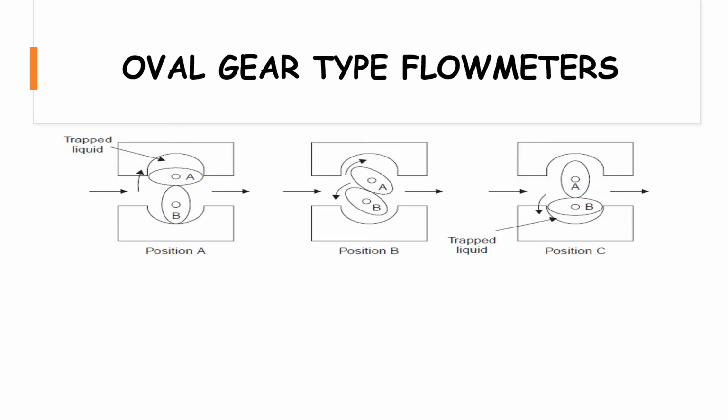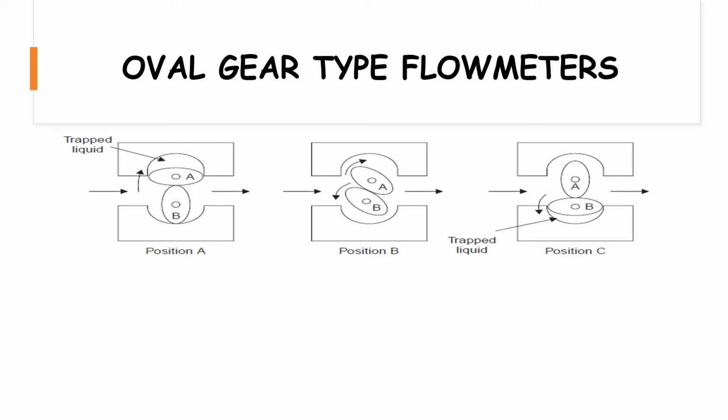Moving on to the working of the oval gear type flow meter. Now, as shown in the diagram, there are three positions which tell us how the flow is going to take place. First, we'll move on to position A, where uniform forces are applied equally on the top and the bottom of oval gear B, so that the gear does not rotate.